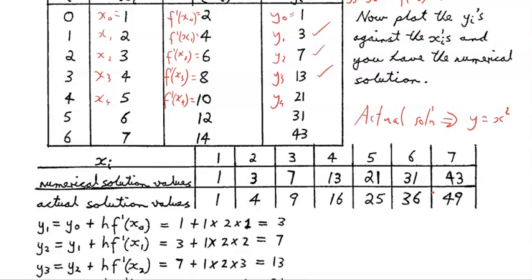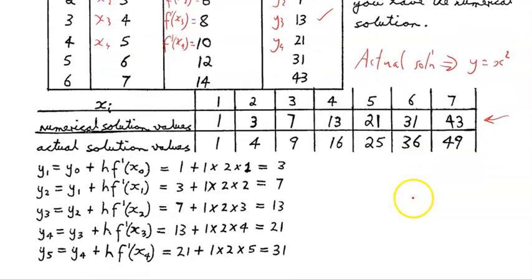So the numerical values here, the approximate values, 1 and 1, well that's close, 3 and 4 are close, 7 and 9 not too bad, 13 and 16 a bit off, 21, 25 a bit off, 31, 36 a bit off, 43, 49 a bit off, okay? But we could have improved these by making h smaller.